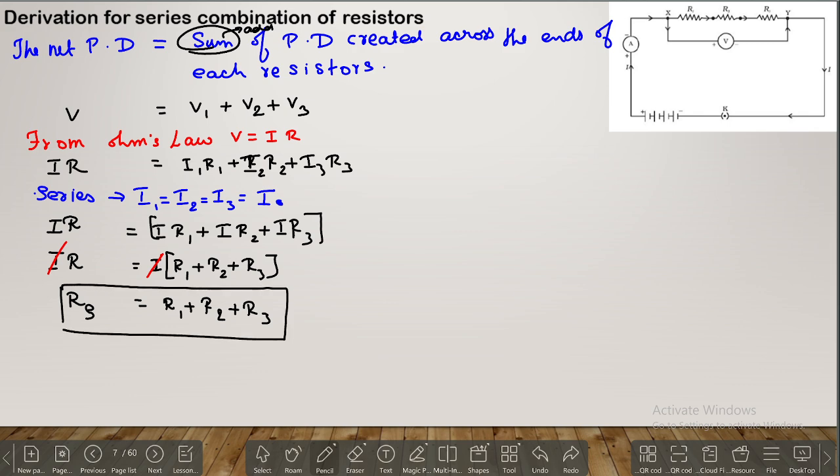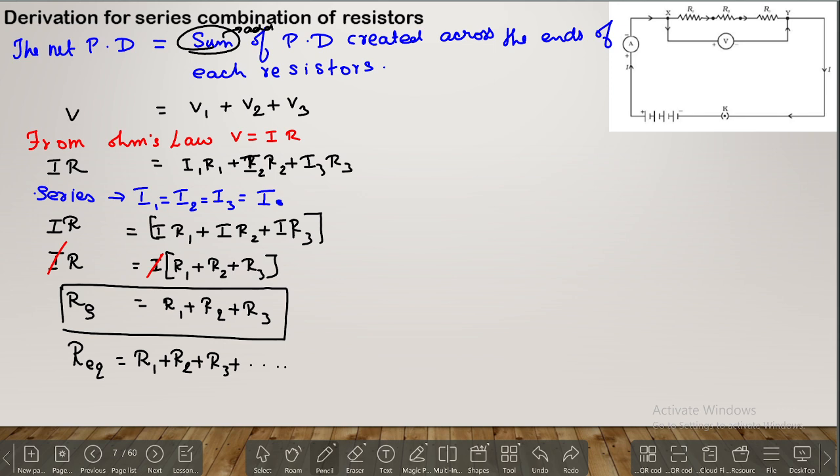In general format, R equivalent is equal to R1 plus R2 plus R3 plus up to infinity. Suppose 4 resistors are there, then the formula rearranges as R equivalent is equal to R1 plus R2 plus R3 plus R4.